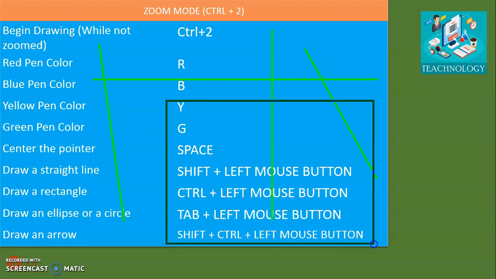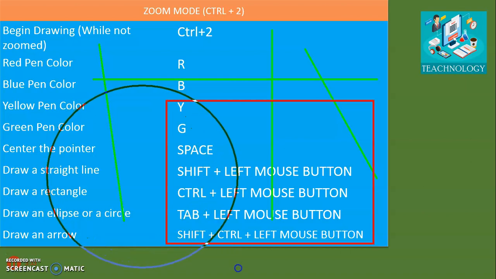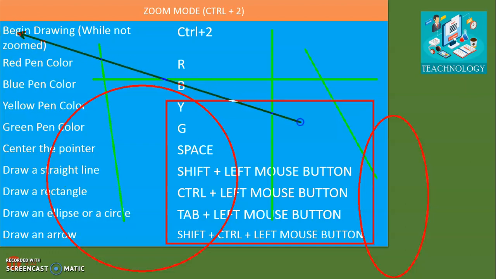You can draw a rectangle. If you want to draw an ellipse or a circle, you can keep pressing Tab button and use the mouse button. You can draw a circle, you can draw an ellipse. If you want to draw an arrow, keep pressing Shift plus Ctrl and use the mouse button. You can draw an arrow.